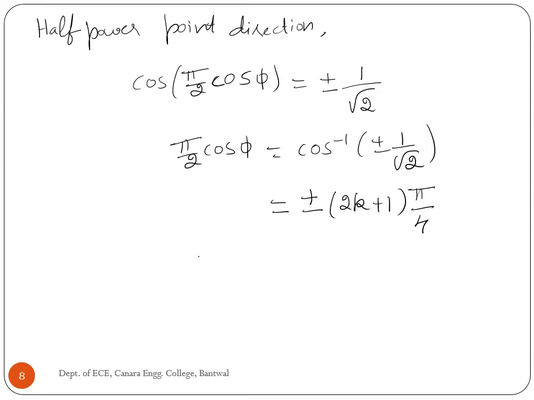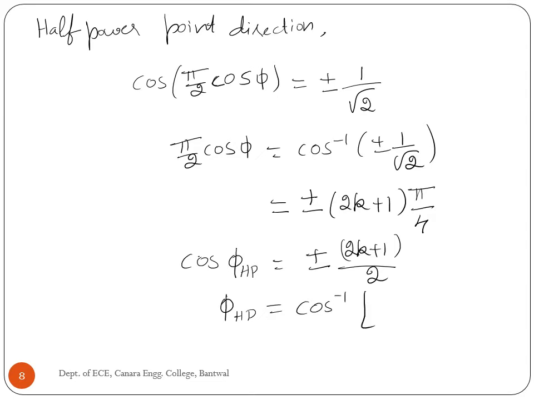Therefore cos phi at half power point direction is equal to plus or minus 2k plus 1 divided by 2. Therefore phi HP is equal to cos inverse of plus or minus 2k plus 1 divided by 2.